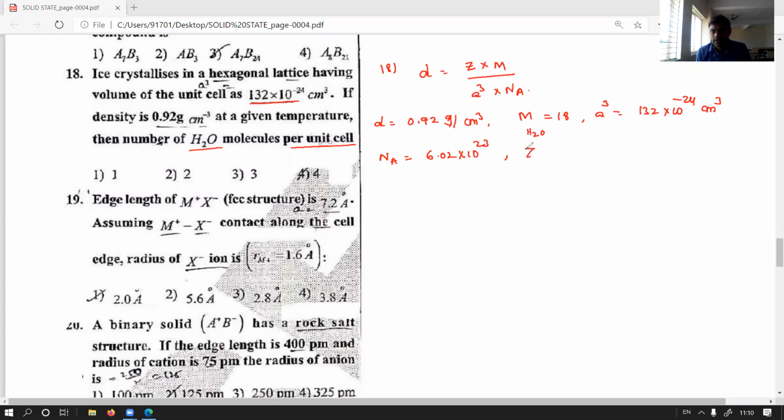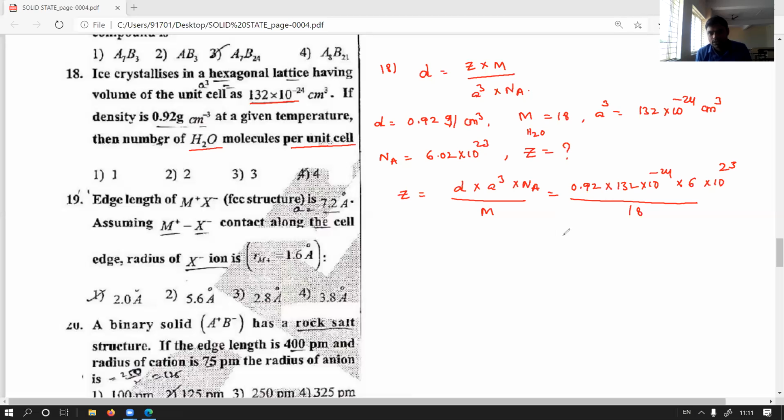Now what do we have to find out? We have to find out the Z value, meaning the number of H2O molecules per unit cell. Z is equal to density into a cube into Na by M. Then D is equal to 0.92, a cube value is 132 into 10 to the power of minus 24, into 6 into 10 to the power of 23 is the Na value, by 18.